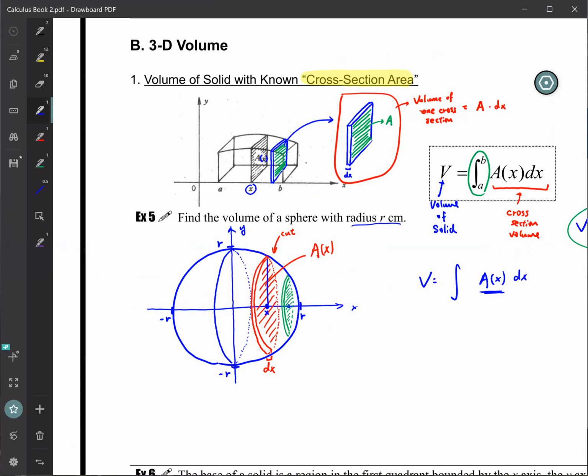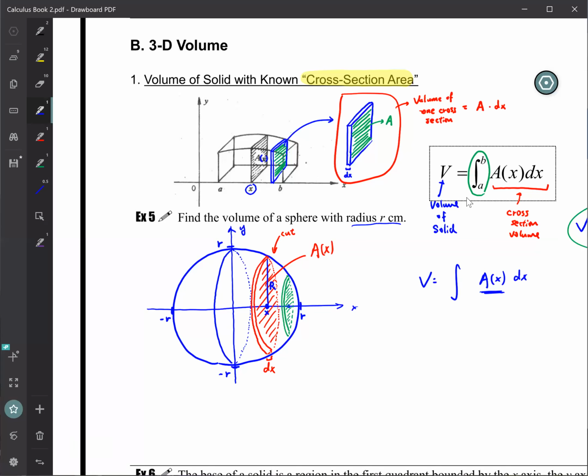Okay, let's back up a bit. How do we find the area of a circle? What's the formula for the area of a circle? Pi r squared, right? So for the area of that red circle, the r will be the blue line that I just drew. I'll use the capital R. So if I know the x, how can we find the radius of the red circle?